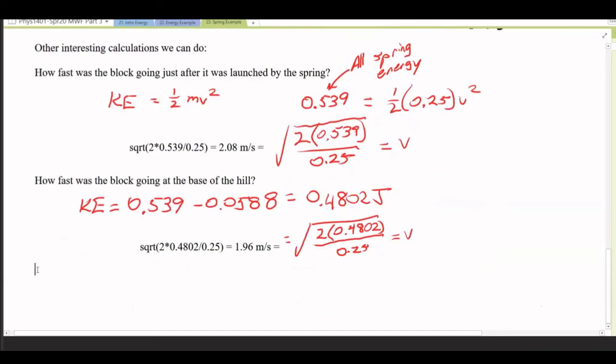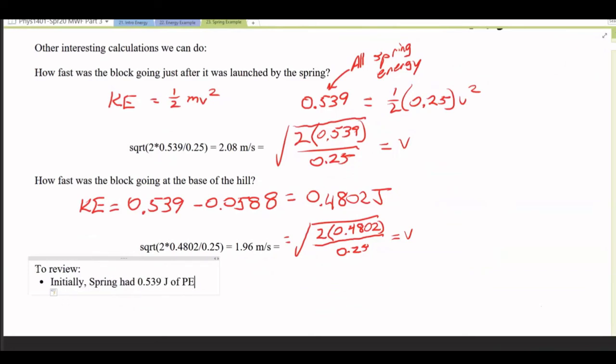So just to review, initially, the spring had 0.539 joules of potential energy. That was given to the block as 0.539 joules of kinetic energy.